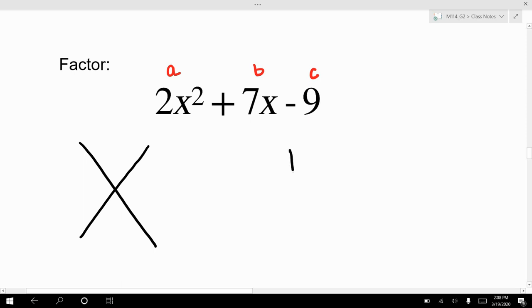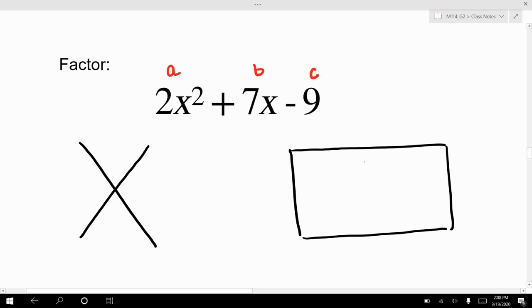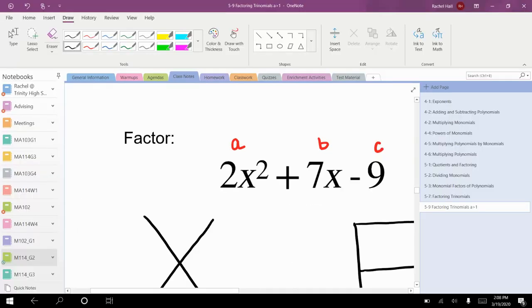And then for the box, we're going for a box with 4 spaces in between it. So that's our X box, and we're going to fill in all these little spaces, and that's going to help us factor. So the first part of this, we're going to be filling out the X.